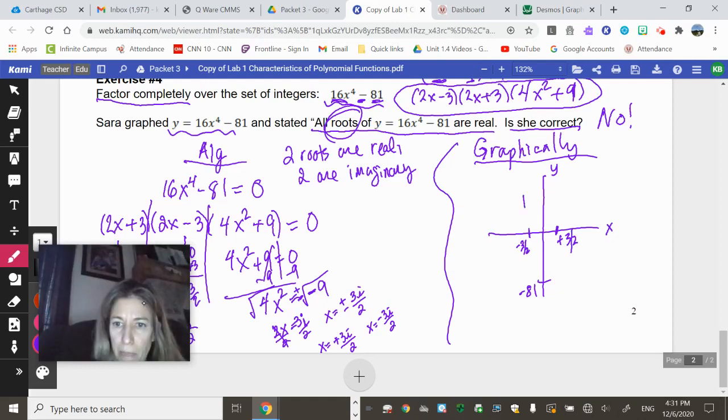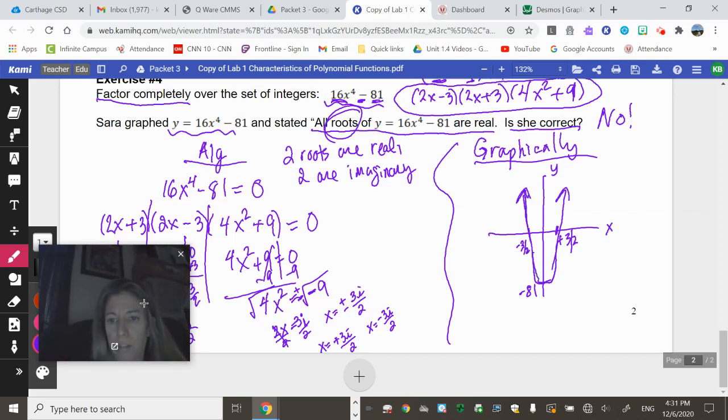So basically my graph came down like this. It flattened out at the bottom, and it rounded up. Both tails were up. It's positive. It's a 4th degree. So the tails are in the same direction. And like I said, even though it's a fourth degree, it does not have to have 3 turns.